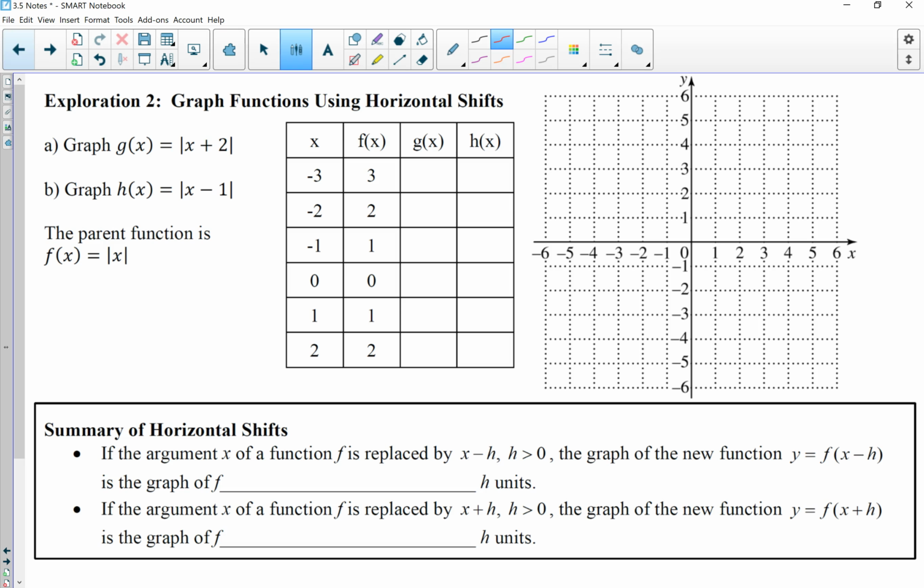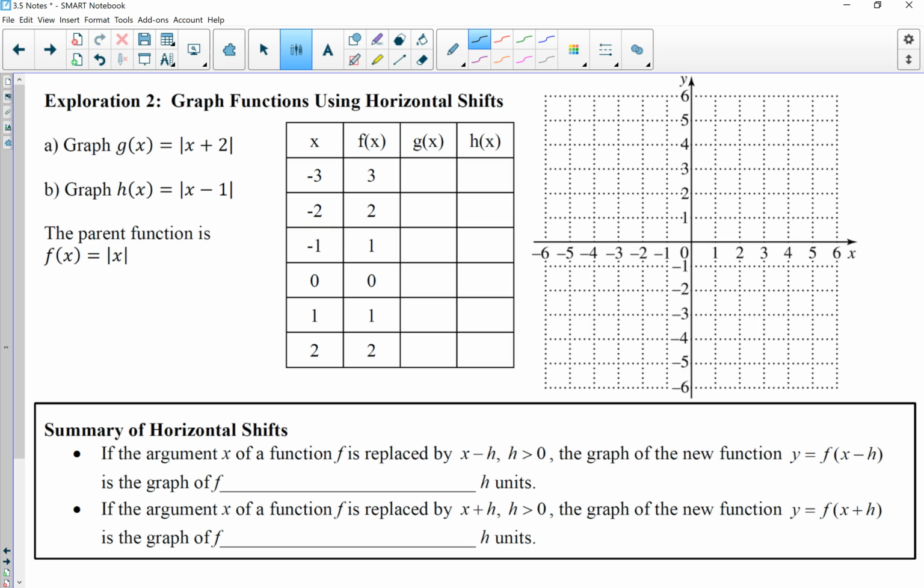The second graph transformation we're going to talk about is horizontal shifts. And horizontal shifts are going to be movement horizontally, so that could be to the left or to the right. For this particular example, we're actually going to work with the parent function absolute value of x. So I've plotted some values in the table for that function. So when we take the absolute value of -3, you get the positive result of 3.